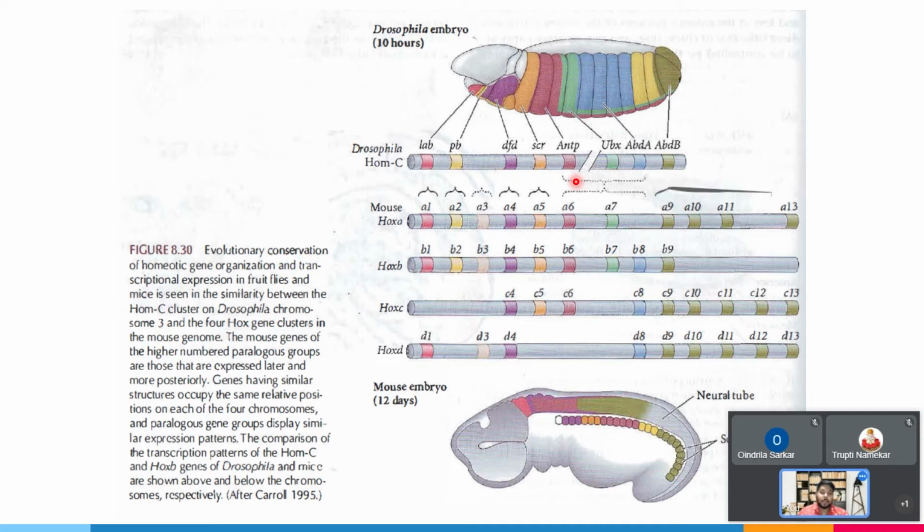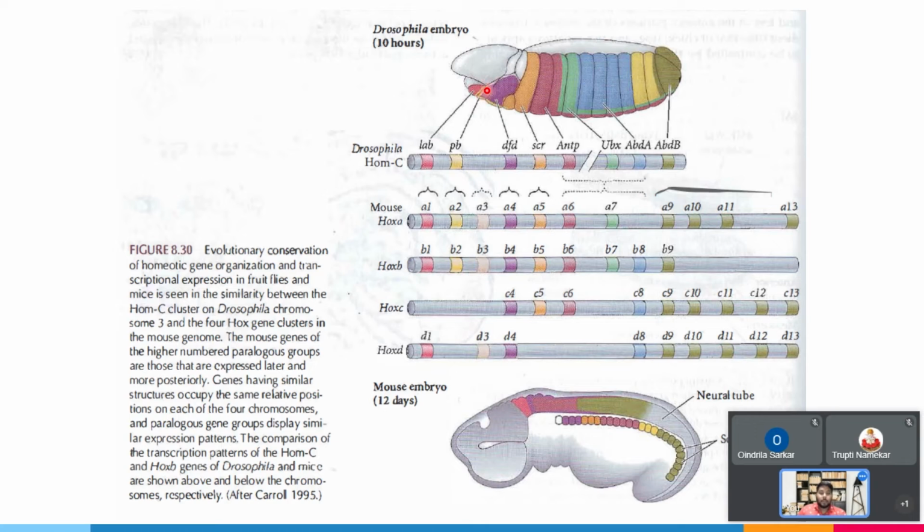The second is that the position of the HOX genes along the chromosome is very important, as the position of the HOX gene will be reciprocated in the position of the structure forming in the embryo. Say labial forms this particular structure right here.